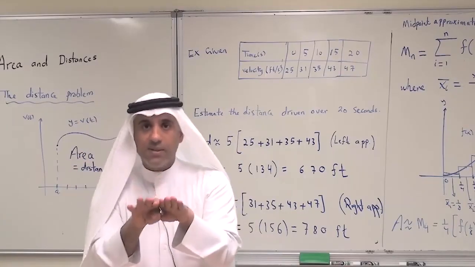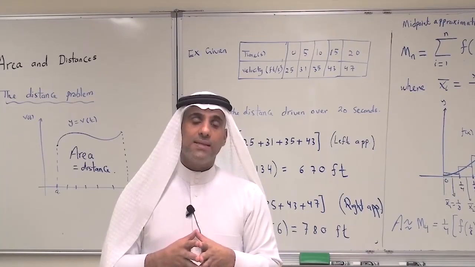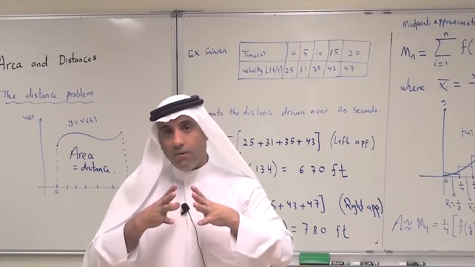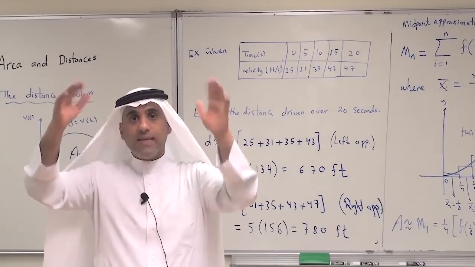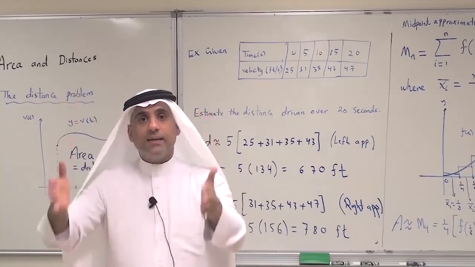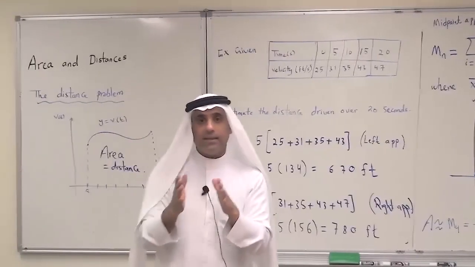It doesn't make a difference. And you need to understand the meaning of the distance problem. That is, the distance traveled over a certain period, where the function is the velocity function, is the total area under the curve. That is what we call areas and distances.